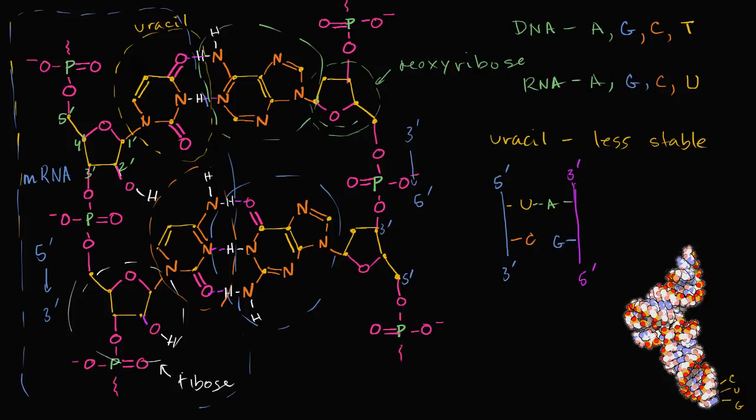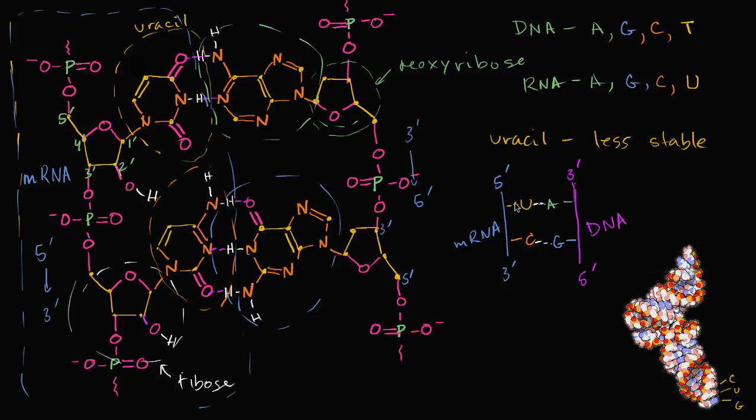And actually, I'll do the hydrogen bonds in white. There are actually multiple hydrogen bonds going on here. But just to be clear, this is mRNA, and on the right we have DNA, and this could be happening during transcription.